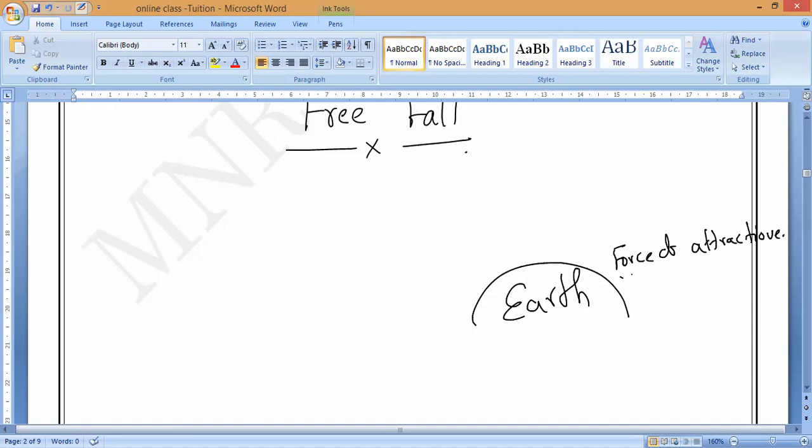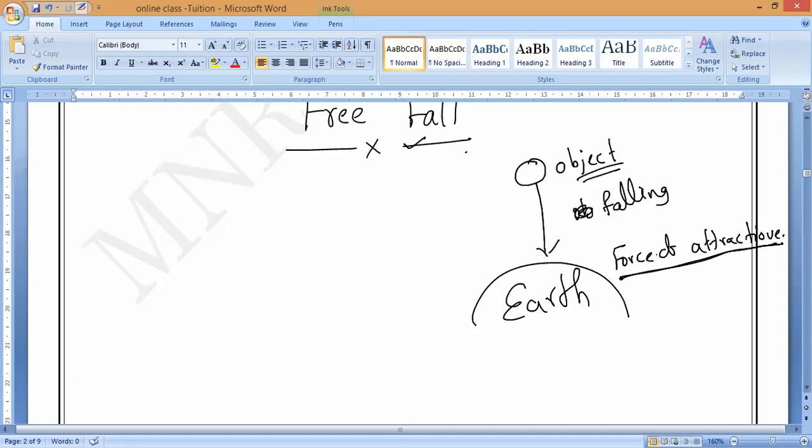So due to the force of attraction, if any object falls towards the earth from a certain height, because of gravitational force, that is called free fall. Everybody write the definition.